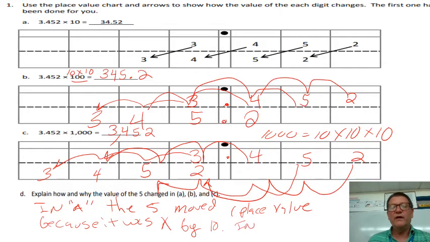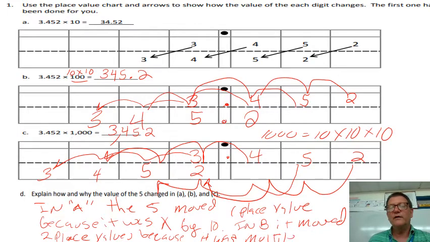In B, it moved 2 place values because it was multiplied by 100, and I've run out of space. But in C, we know it moved 3 place values because we multiplied by 1,000, and each place value to the left is 10 times more, so 3 place values would have been 1,000.